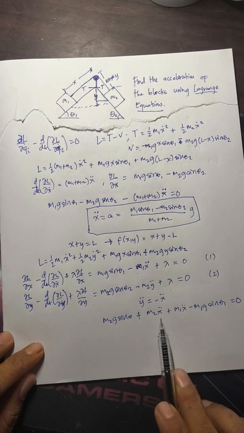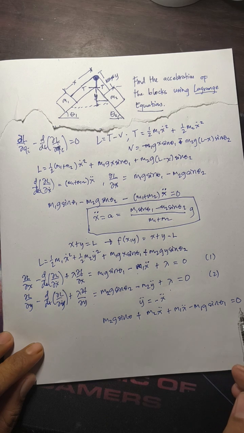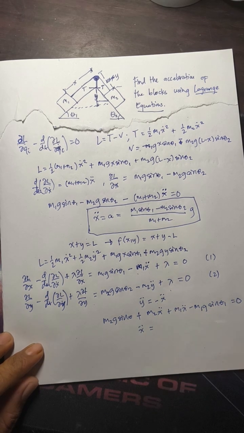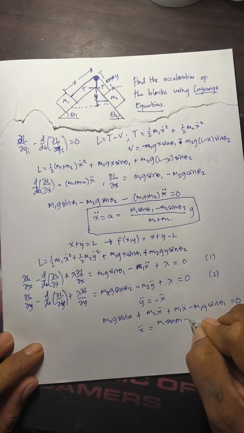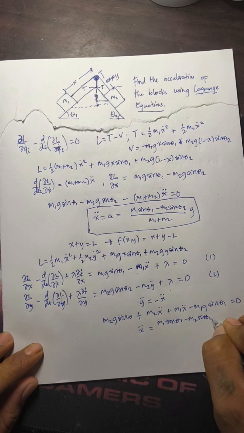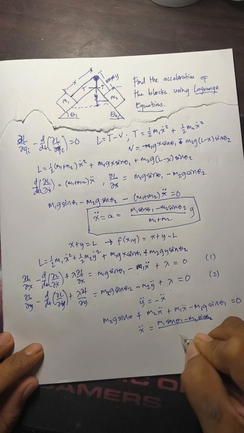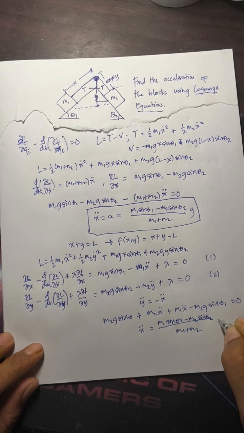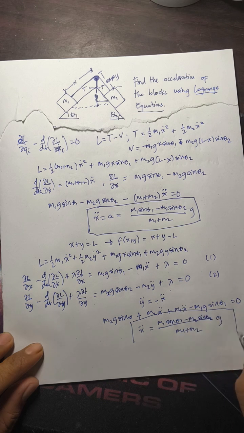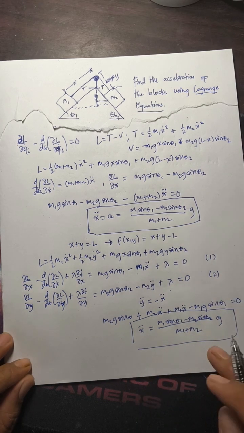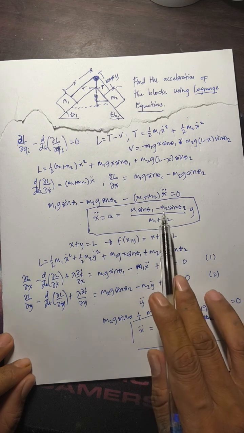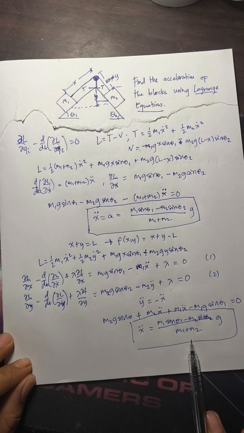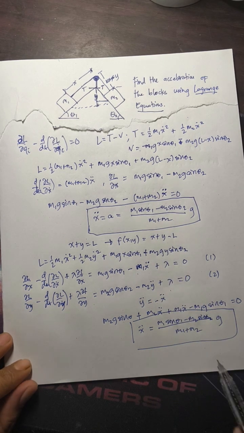And if we move all of the other terms there, you would know that your acceleration x double dot is just equal to m1 sine theta 1 minus m2 sine theta 2 over m1 plus m2, times g. And I get the same acceleration as before, but what I don't have in the previous solution that I have here is that I can solve the tension.